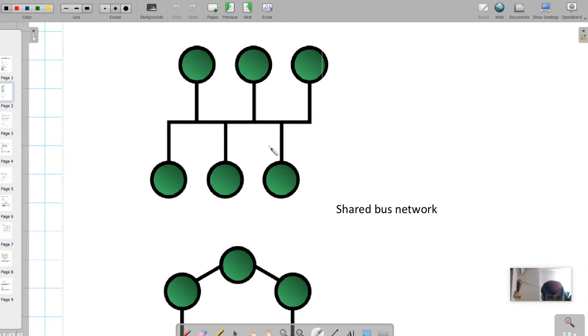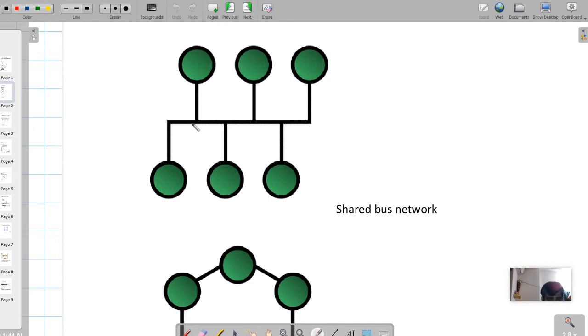This type of interconnection is termed a shared bus network. Now, what is a shared bus? Shared bus, also called common bus, is a simple type of static network.